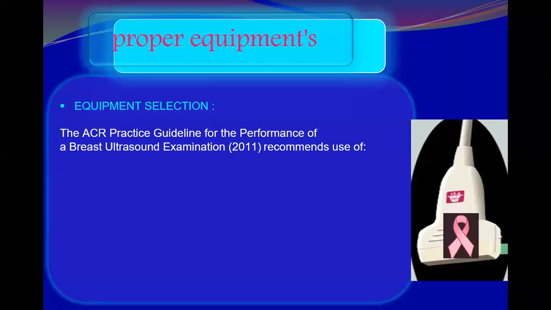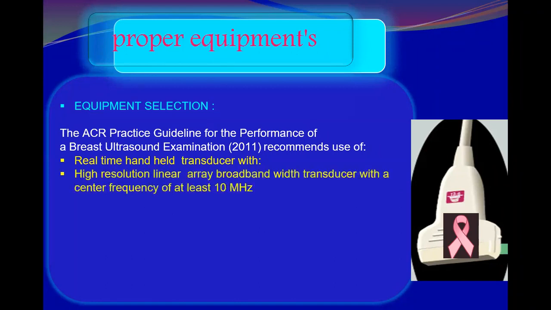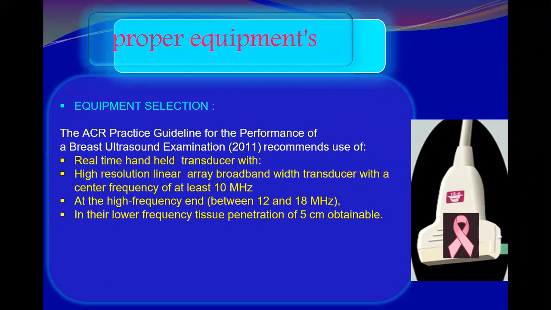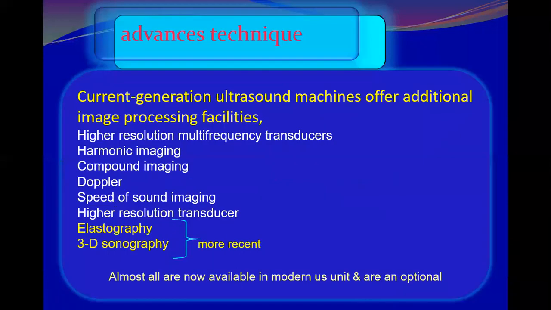The ACR practice guideline for performance of breast ultrasound examination 2011 recommends the use of a real-time handheld transducer with high resolution linear array broadband widths with a center frequency of at least 10 megahertz at the high frequency end, between 12 and 18 megahertz, with a lower frequency tissue penetration of 5 centimeters obtainable.